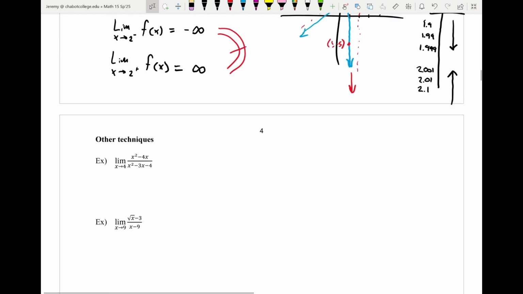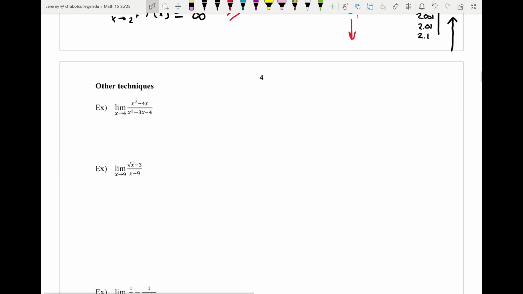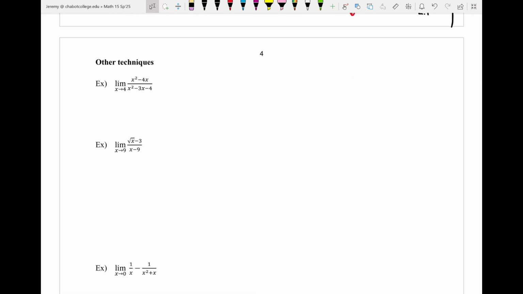All right, and like I suggested for the previous problem, the next thing I usually do is, can we factor? We might get lucky if we factor. So trying to factor this, let's see what happens. The limit as x approaches 4 of, so the numerator factors pretty nicely. It's just a common factor of x, so x times (x minus 4).